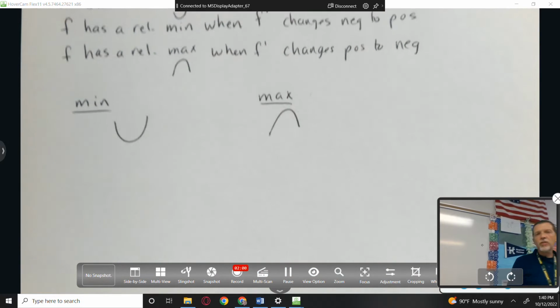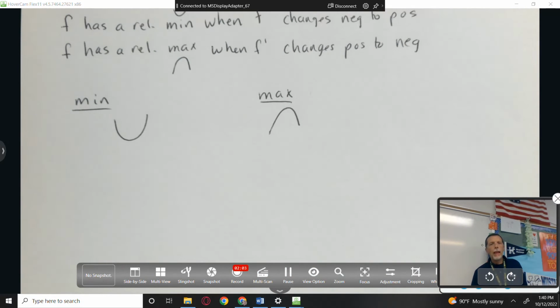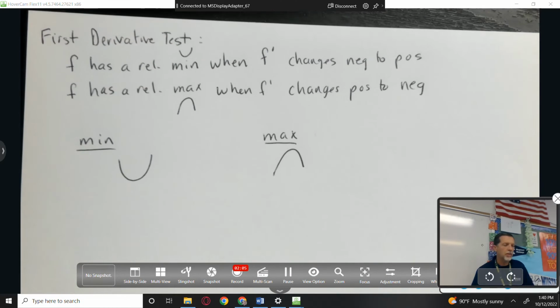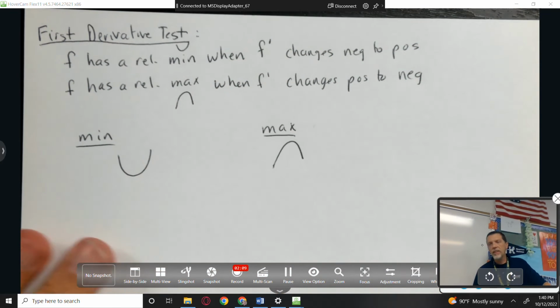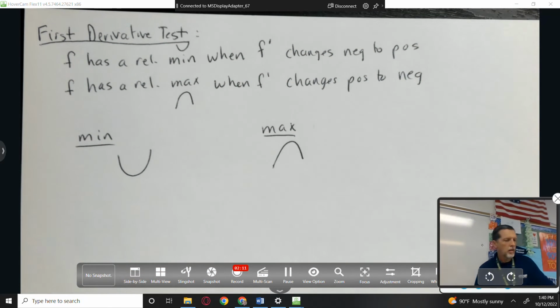But let's look at those pictures a little bit more and see if we can come up with another test. So that's the first derivative test, because it's based on the first derivative.